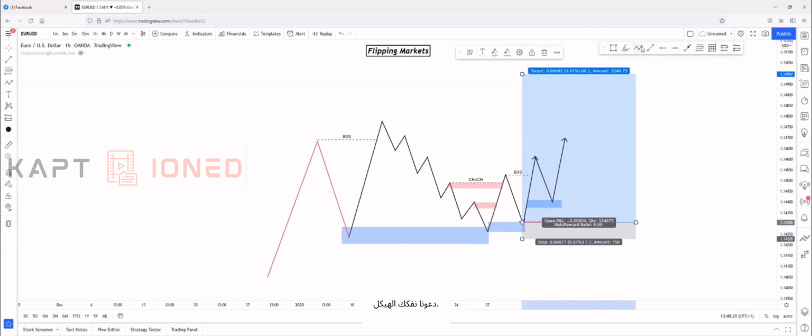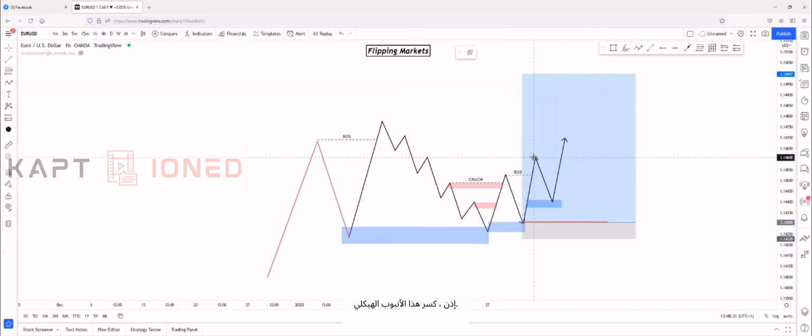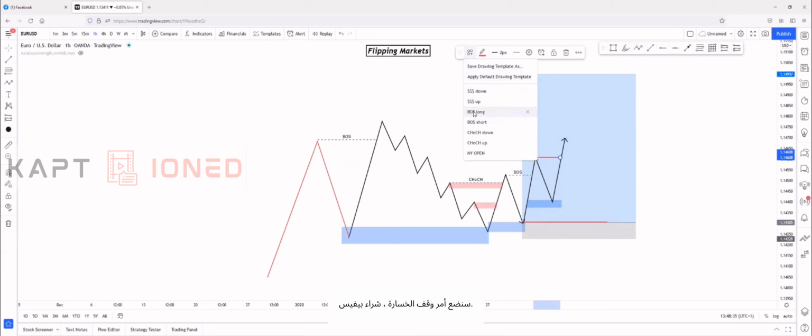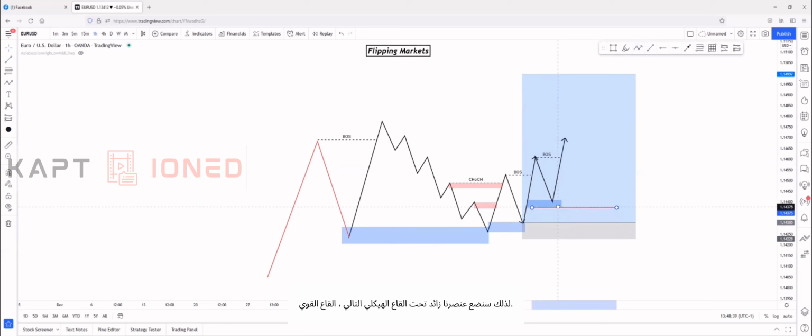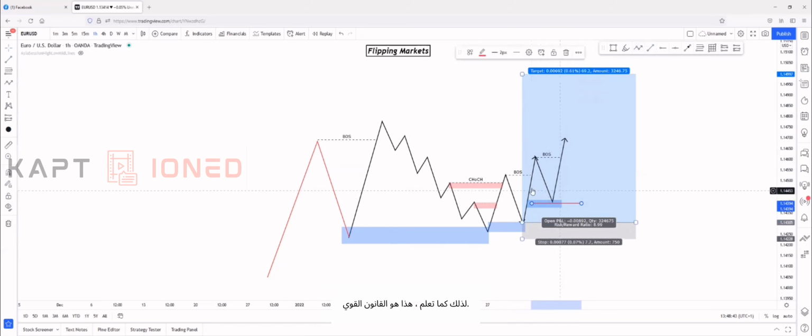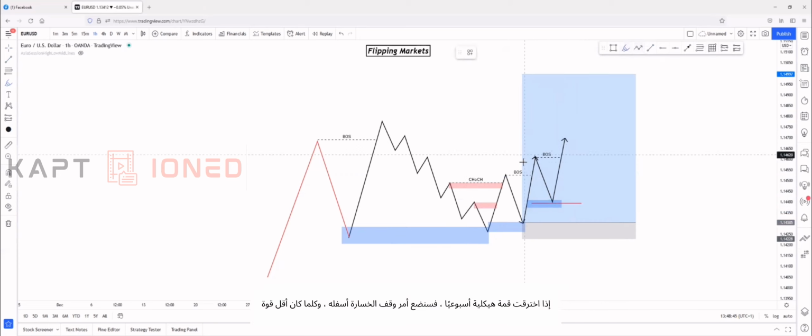After the next break of structure, so the break of this structural high, we will put our stop loss below the next structural low, the strong low. So as you know, this is the strong low. If a weak high breaks, we will put our stop loss below the less strong low.